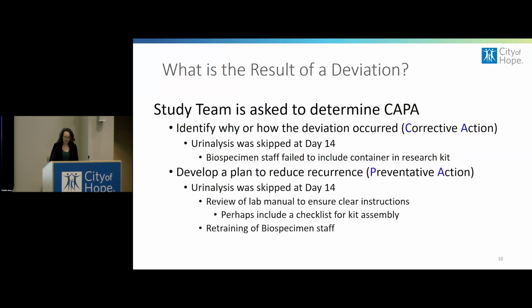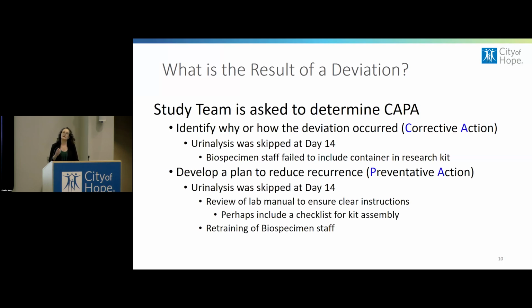So then in terms of the preventative action, and mind you, these need to be documented in either Encore or IRIS or whatever system is the reporting system to the committees, we would propose that perhaps the instructions be reviewed within the lab manual to ensure that they're complete, or perhaps a checklist be created for the biospecimen coordinators, or retraining just to ensure that it doesn't happen in the future.